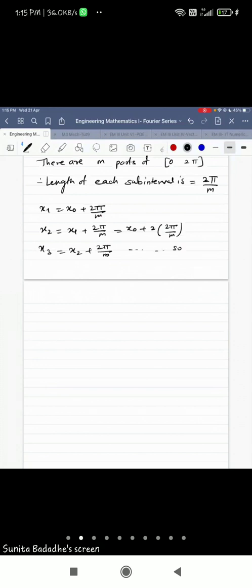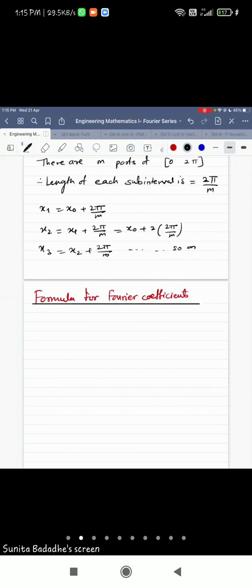Now I am going to use this concept to derive the approximate formula for the integration. So let us derive the formulae for these Fourier coefficients.